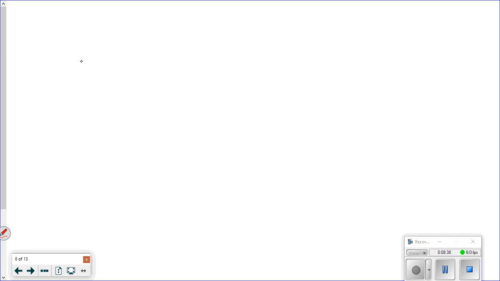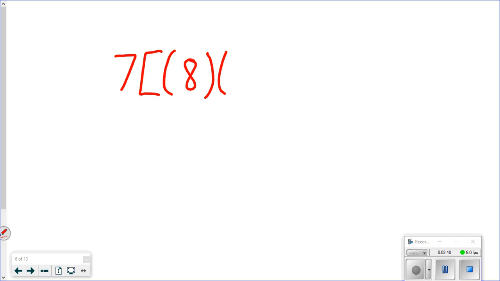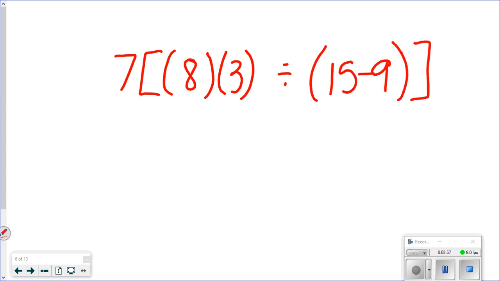Try this one for me. Okay, so I want you to look in that bracket first, figure out what you need to do. I'm going to go ahead and pause me, work yourself, and then go ahead and start back up again.